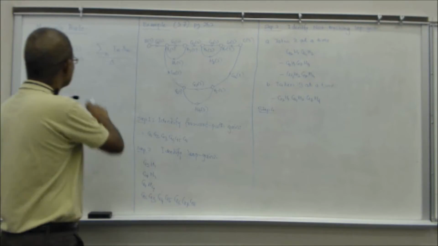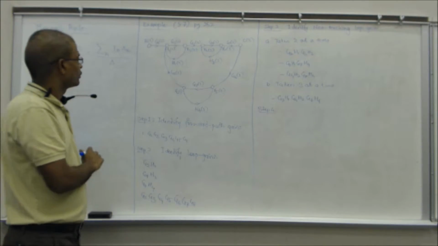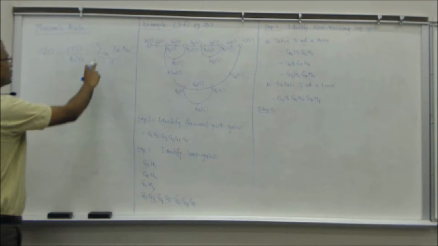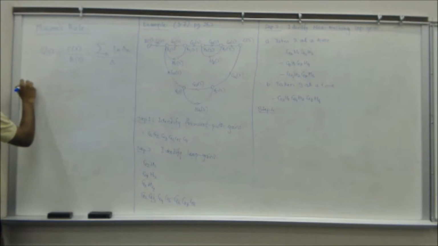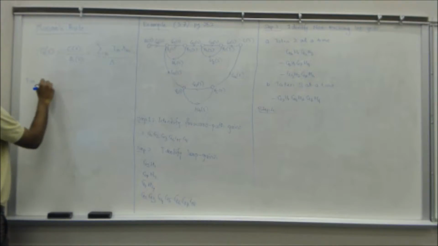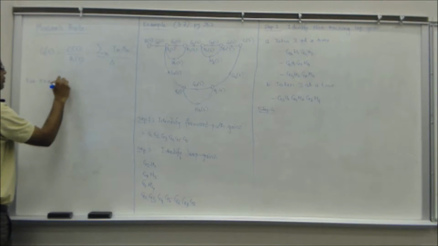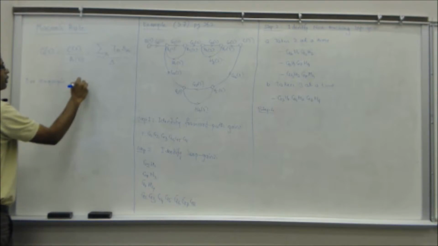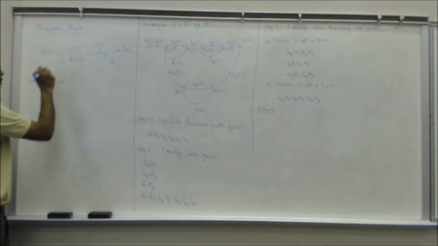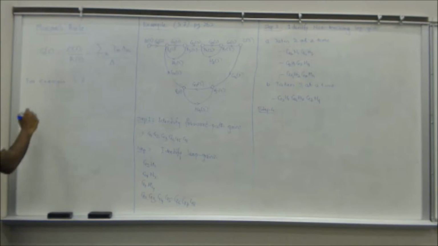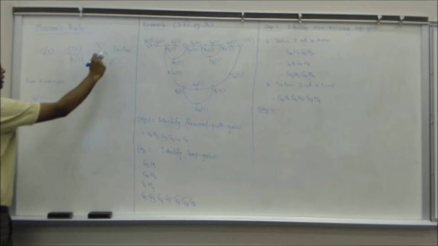You just start using the formula. So if you expand this one for example 5.7, you need to know how to expand this, okay? So you have this. This K is what?